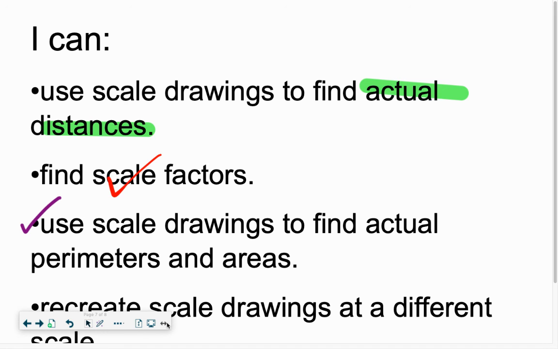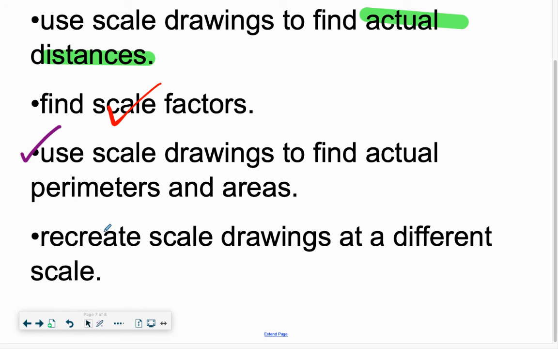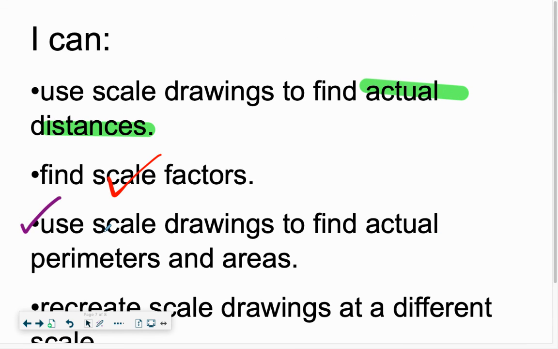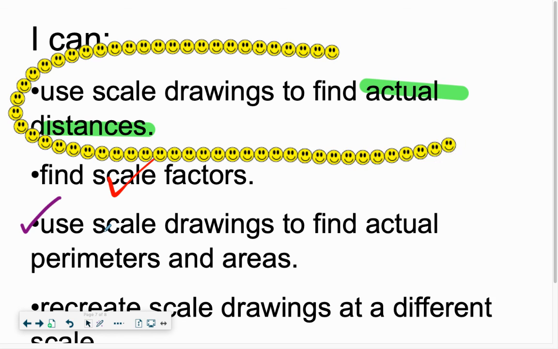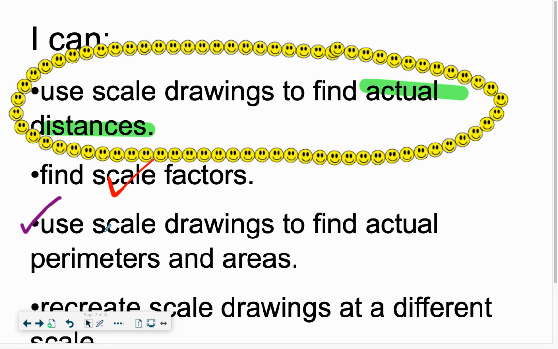And then perhaps sometimes get challenged to be able to recreate scale drawings. That is what we're hoping to do here. Again, just getting focused in up here. We really want to be able to say confidently that we can find that missing measurement, whether in the scale or for the actual.